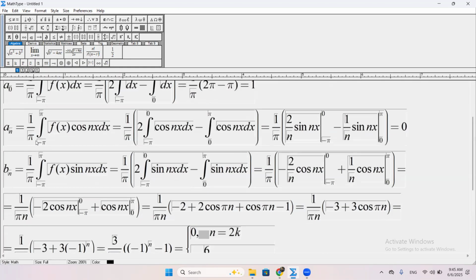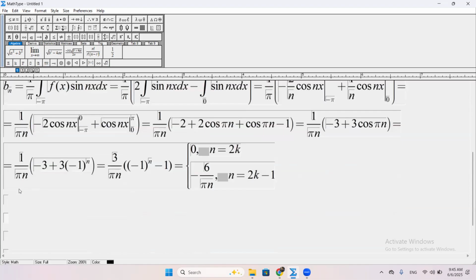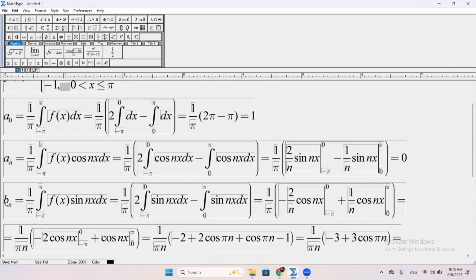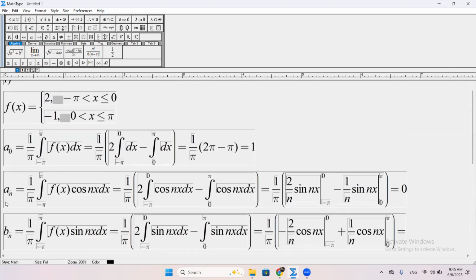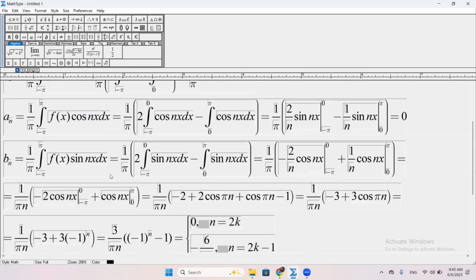So now let's write down the Fourier series. We'll mark a function s from x as the sum of this Fourier series. So actually, f from x corresponds to s from x.